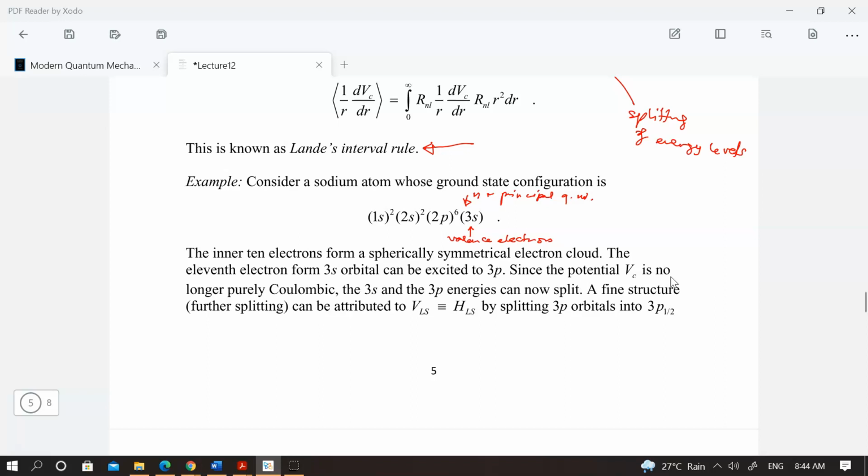So even the 3s orbital and 3p orbital will split due to the potential caused by the inner electrons.